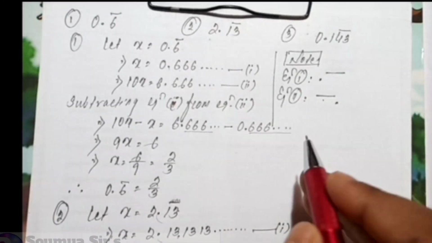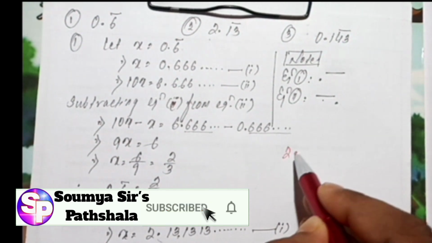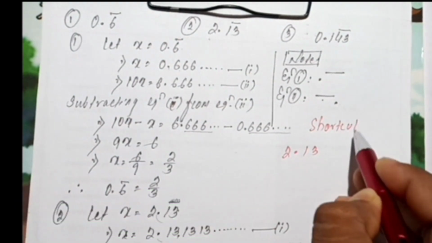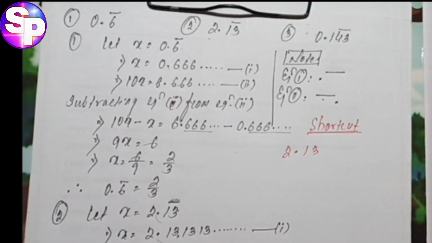Along with that, I would like to give you the shortcut, children. Suppose 2.13 bar, okay, writing the shortcut. This can be useful for those who are preparing for MCQs, multiple choice questions, because in CBSE this kind of questions come for standard 9.